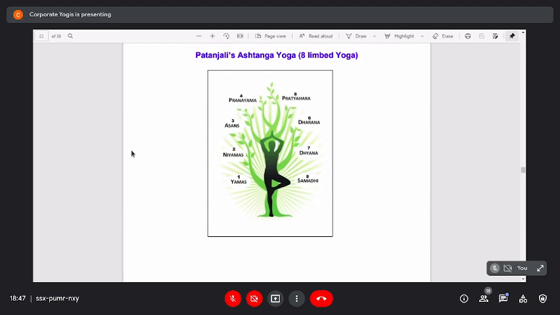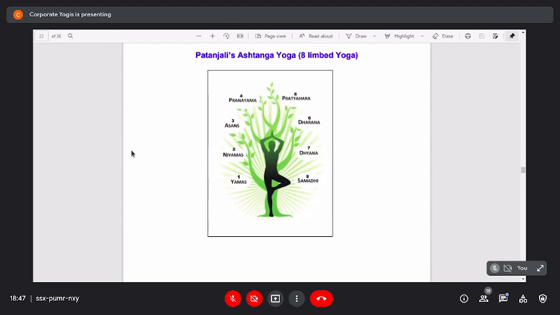Then asanas are for the body. How you should keep your body, because at least in yoga darshana, our body is considered a vehicle for attaining samadhi. Body and mind are so closely associated that you can't ignore the body. A good mind always remains in a good body. So that is where asana comes in.